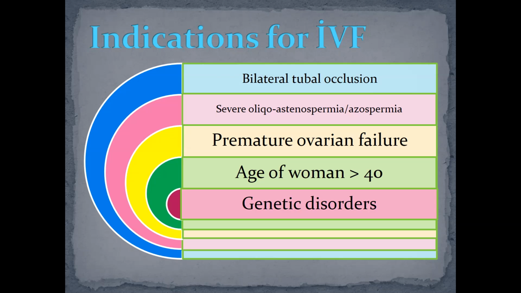Premature ovarian failure with very low anti-Müllerian hormone and very low antral follicle count. Age of the woman more than 40 years old, and the presence of genetic disorders.